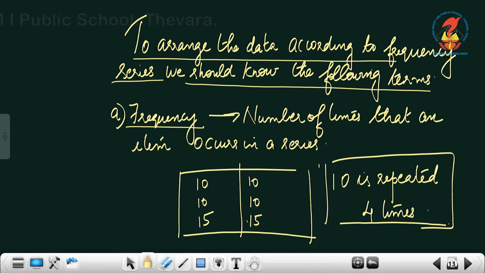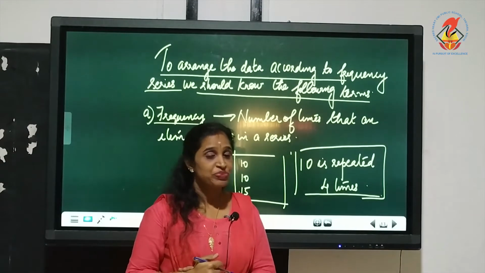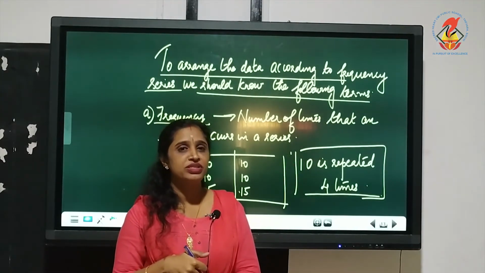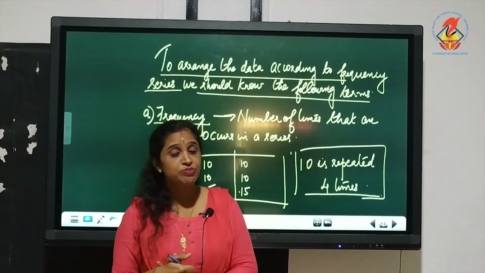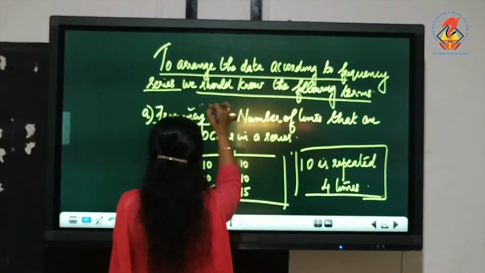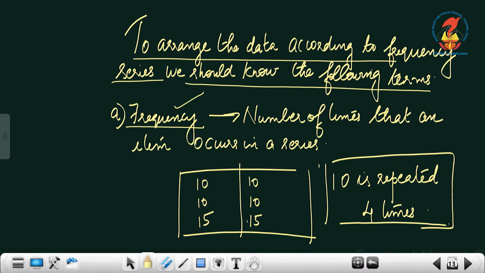Frequency. You all know a frequency series is a series which has frequency. And I told you what a frequency is: the number of times that an item appears in a series is known as frequency. So the first term to keep in mind is frequency, the number of times that an item occurs in a series.